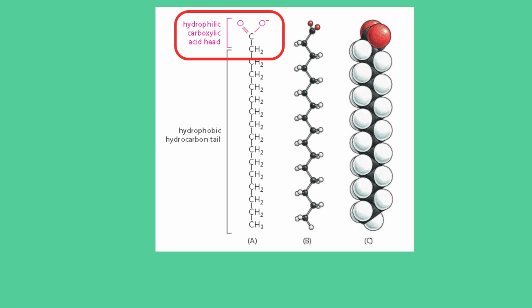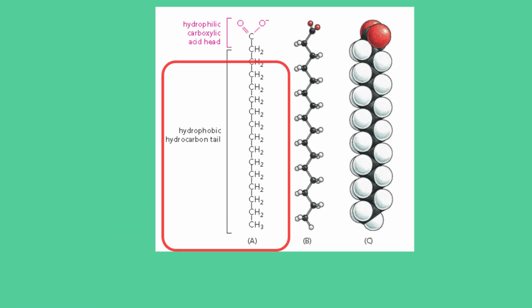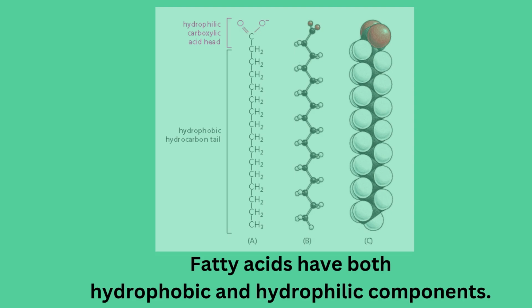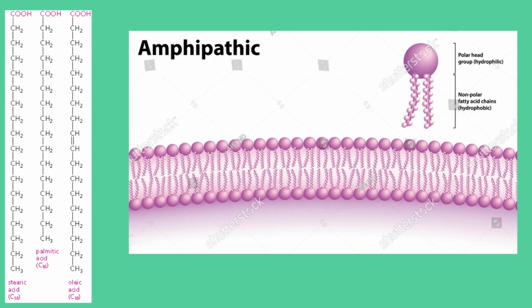The hydrocarbon is hydrophobic and not very reactive chemically. Nevertheless, the other end, the carboxylic acid, is very hydrophilic and chemically reactive, and it will form carboxylate as it is in aqueous solution. This makes the fatty acid have both hydrophobic and hydrophilic components.